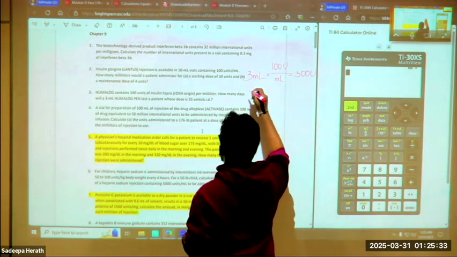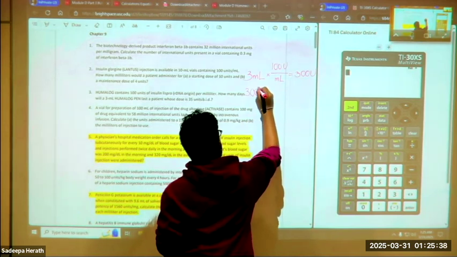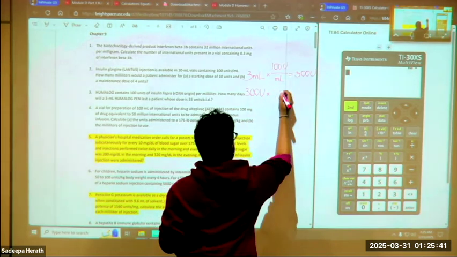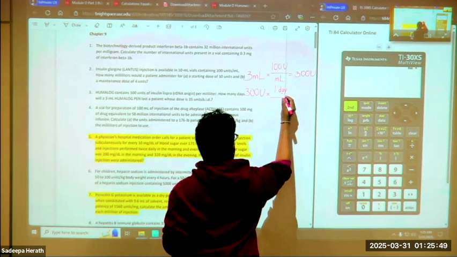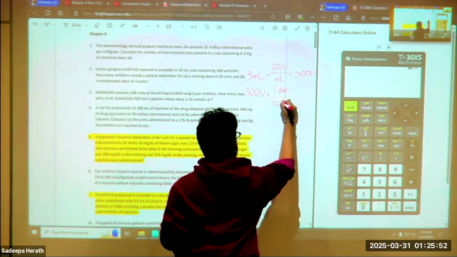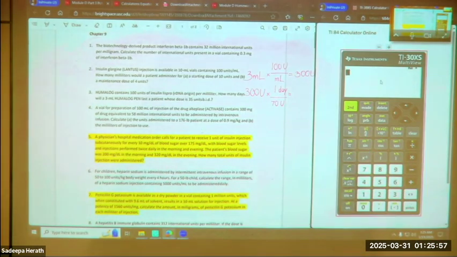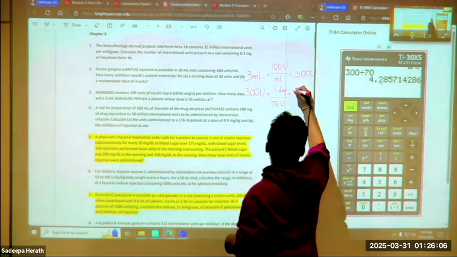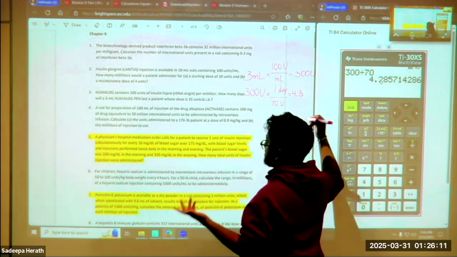So we can do 300 units times 1 day for every 70 units, which is 300 divided by 70, equals 4.3 days.